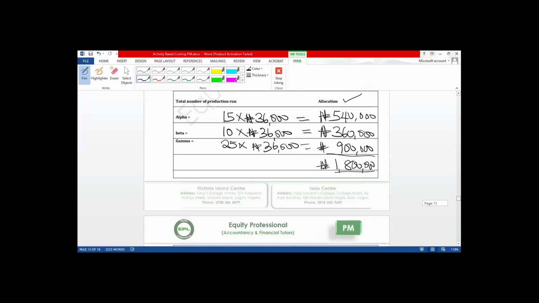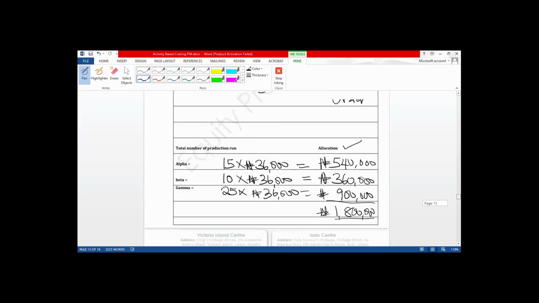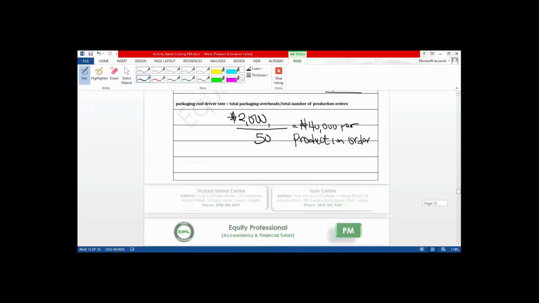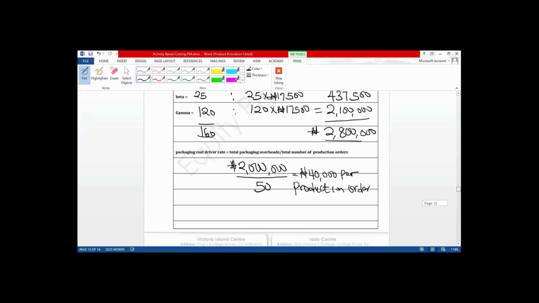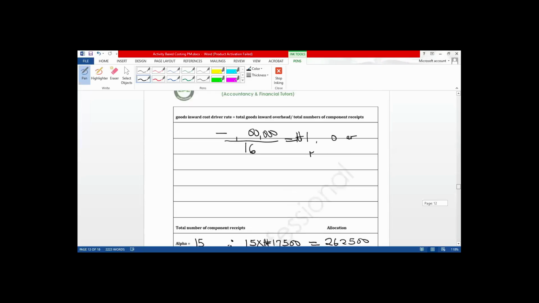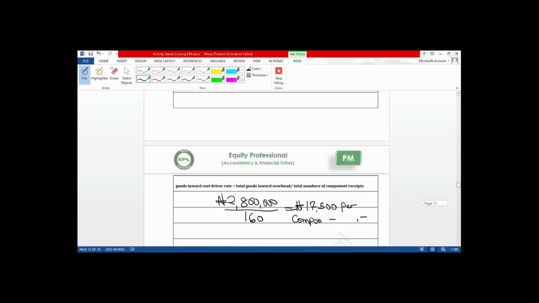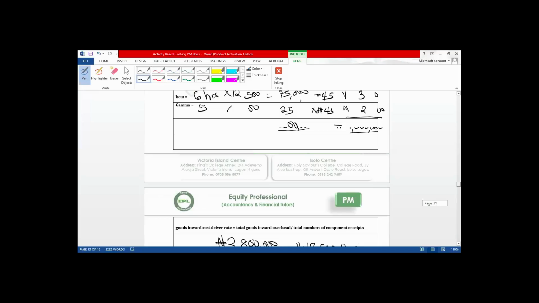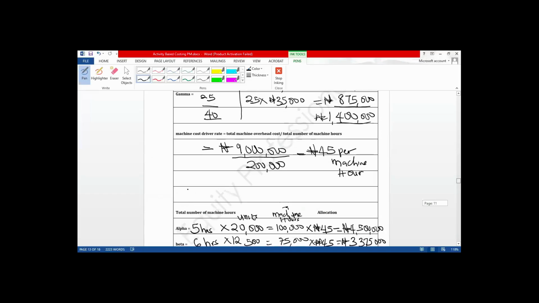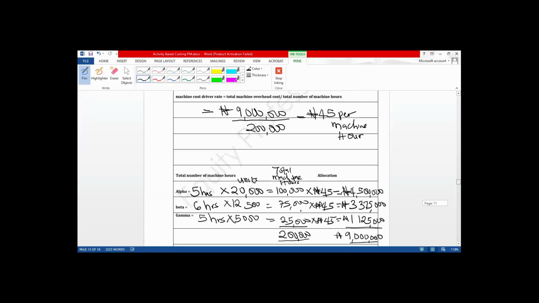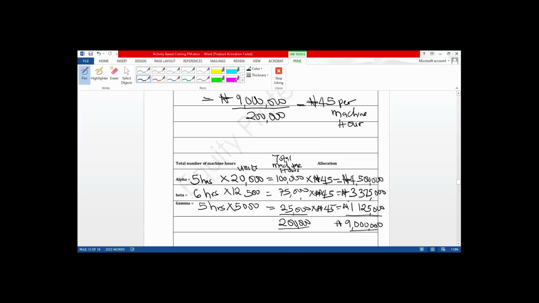Next, machine. Look at machine. Alpha 4.5 million, Beta 3,375,000, Gamma 1,125,000.